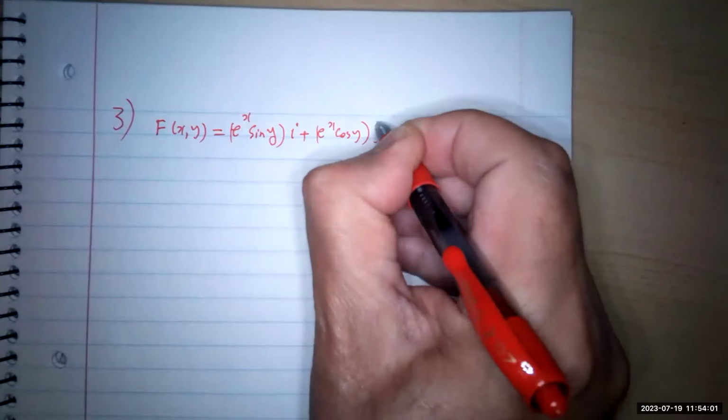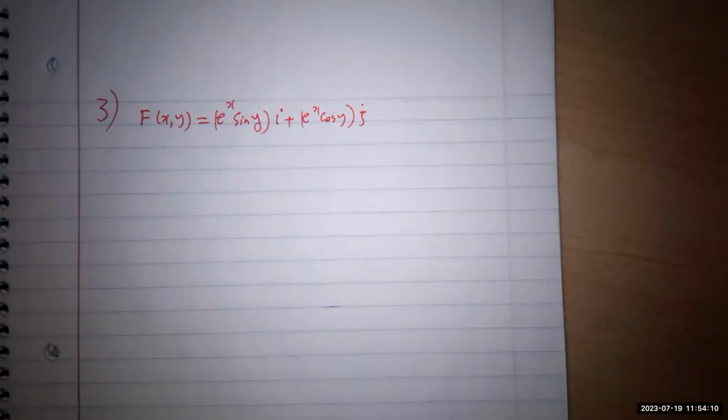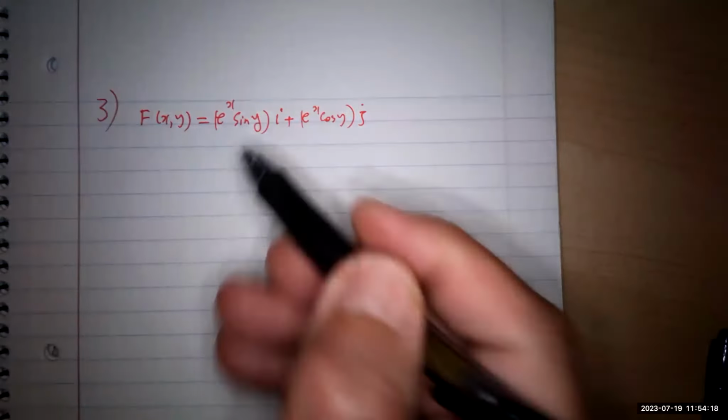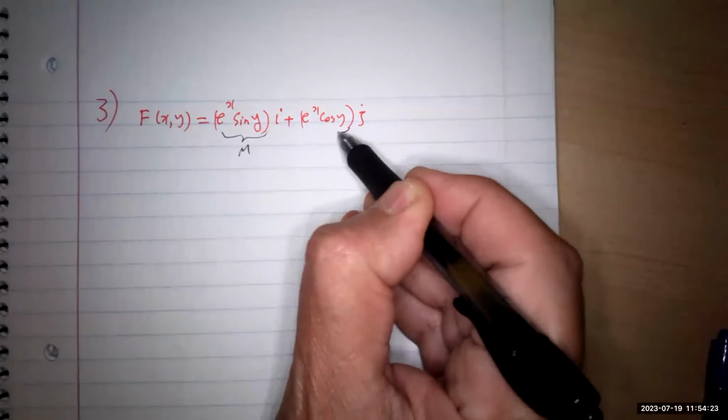In complex analysis, we write this function in terms of the complex variable; it's very similar, e to the z. But we stay here. So this is your M, and this is your N.